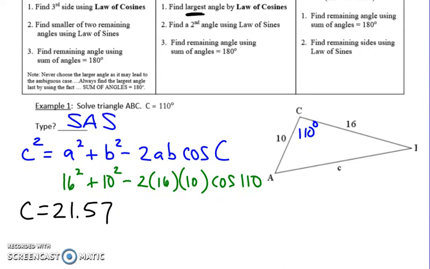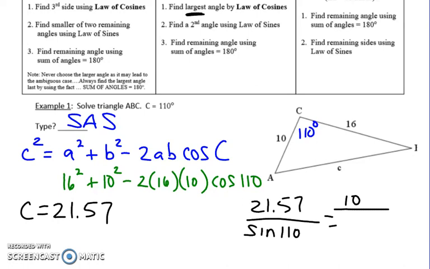So we're going to say 21.57 divided by the sine of 110 is equal to 10 divided by the sine of B. So now we're going to solve for angle B.